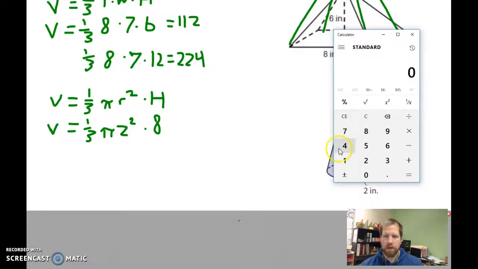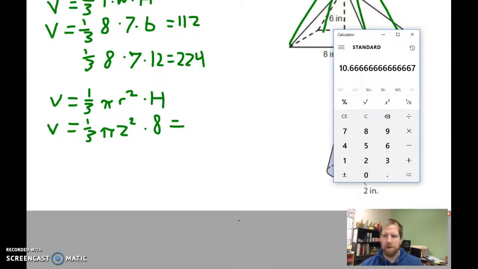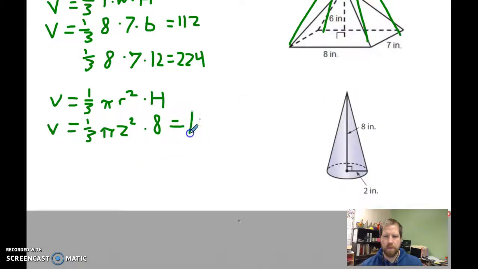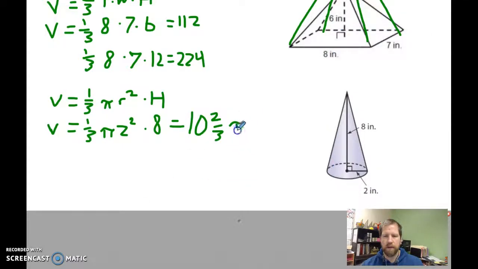On the calculator, that's 2 squared, which is 4, times 8 divided by 3. So I'm going to have 10 2/3, or 10.666 repeating, which is the same as 10 2/3 pi.